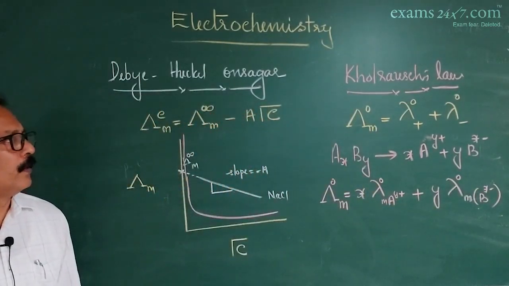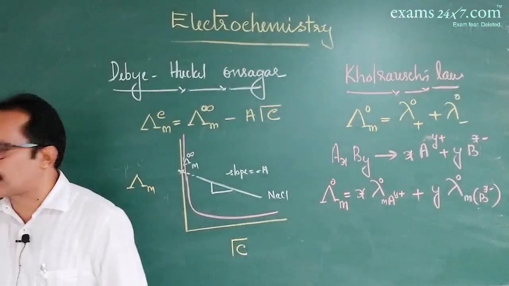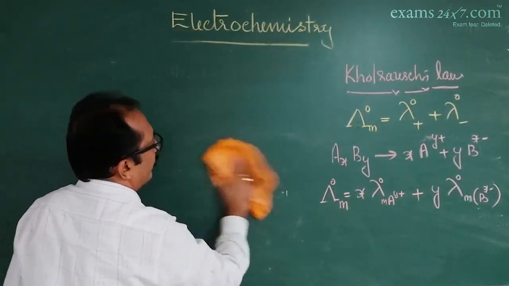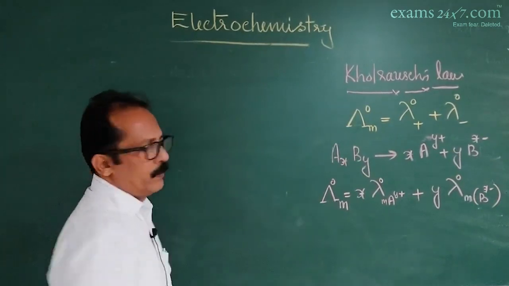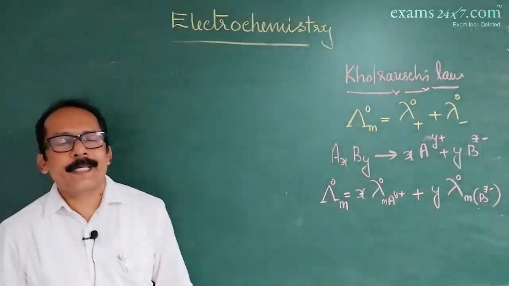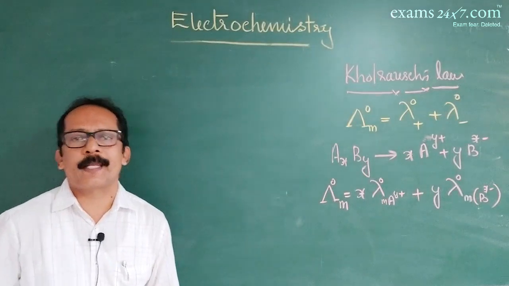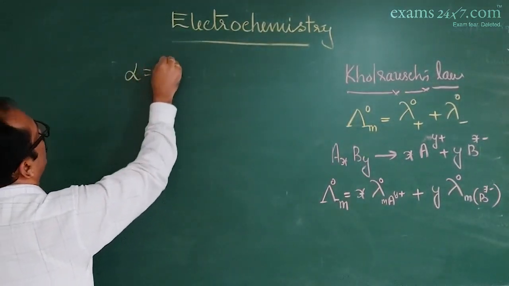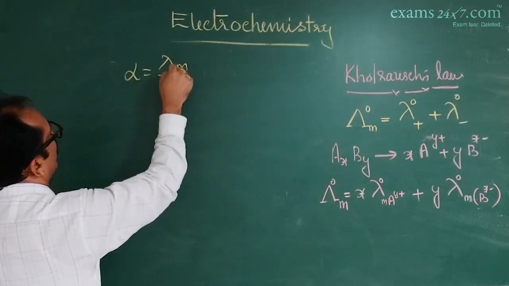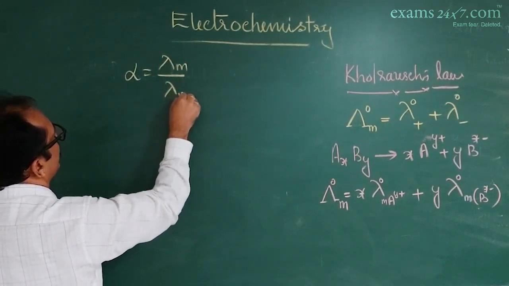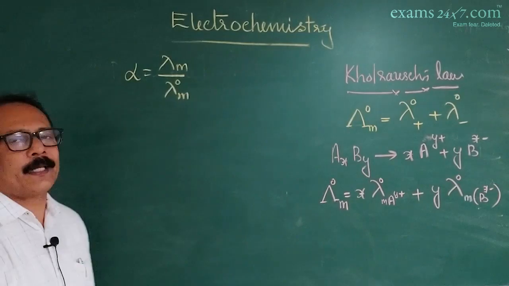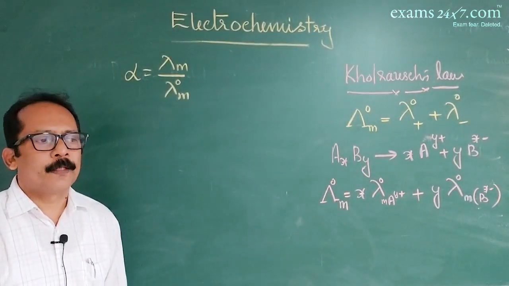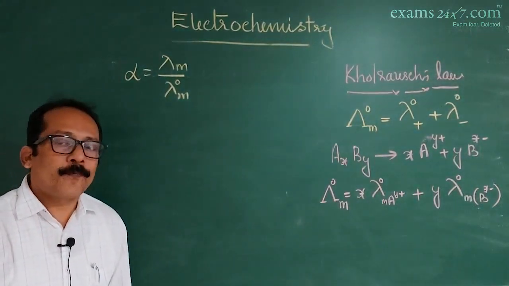Okay. So about the applications of Kohlrausch's law. First, the degree of ionization can be calculated: alpha is equal to molar conductivity at concentration C divided by molar conductivity at infinite dilution. That gives the value of alpha.